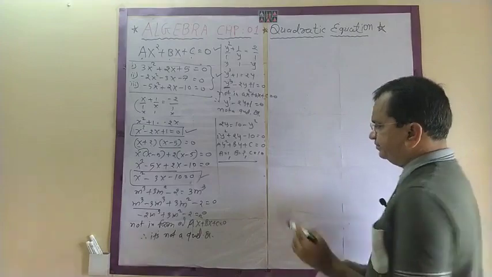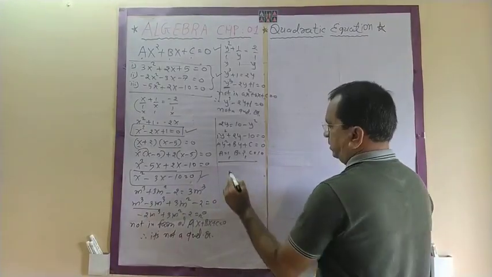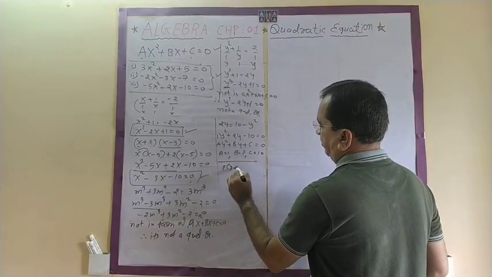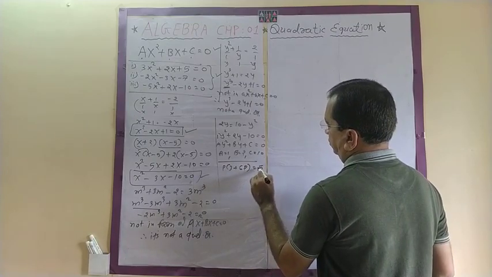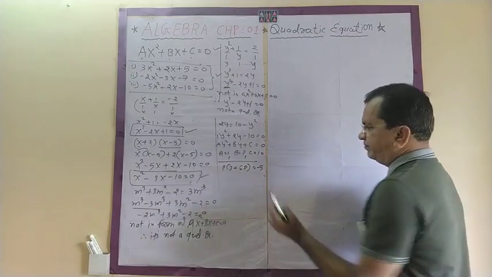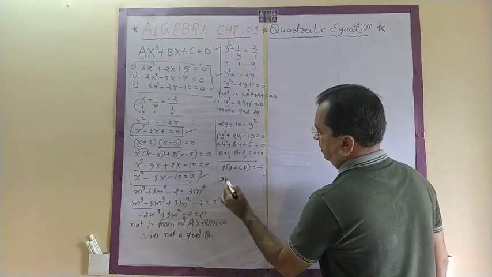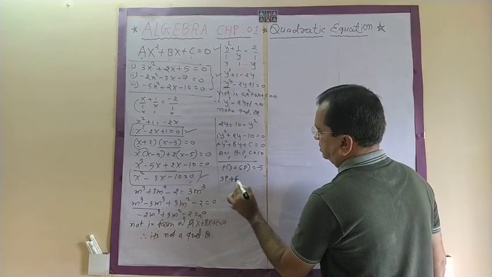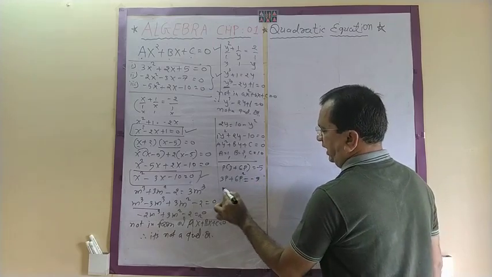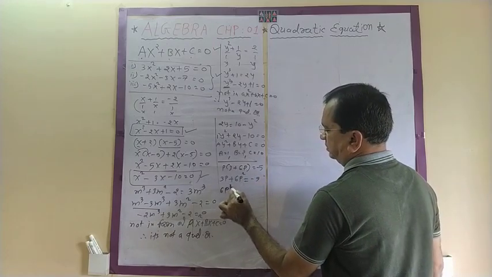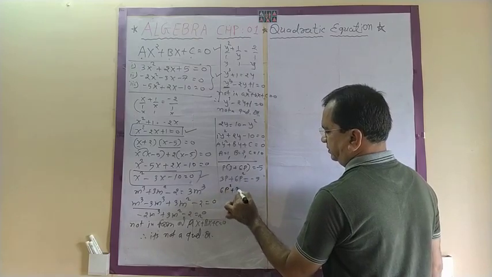Similarly, p in bracket 3 plus 6p is equal to minus 5. This into this, 3p, 6p square minus 5. Arrange the higher order first, then decreasing order.